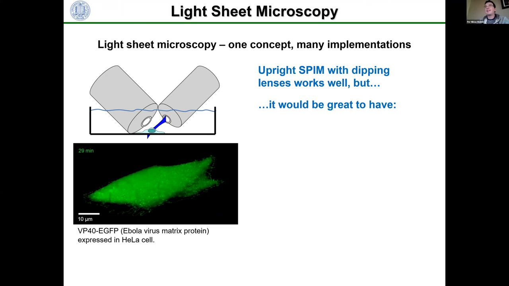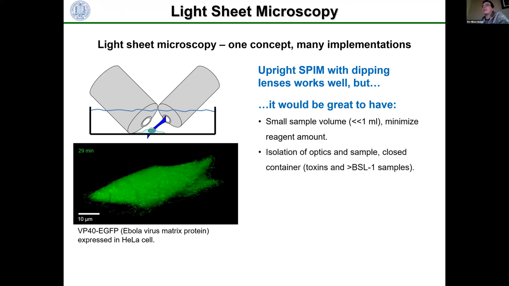Okay, so this was done on this upright implementation of the microscope. It works nice, but we had some limitations that we wanted to overcome. We want to use a small sample volume, not have this entire dish. It would be nice if we can isolate the optics and the sample for difficult specimen.